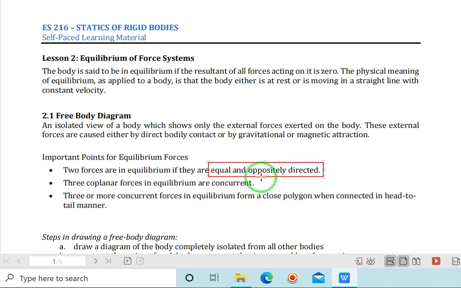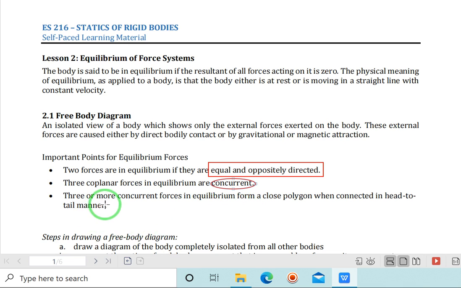Equal in magnitude and opposite in direction. Three coplanar forces in equilibrium are concurrent. When we say concurrent, that is, your forces act at the same point.